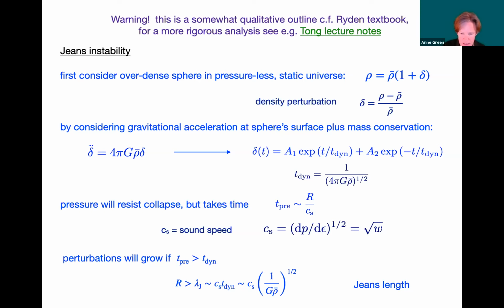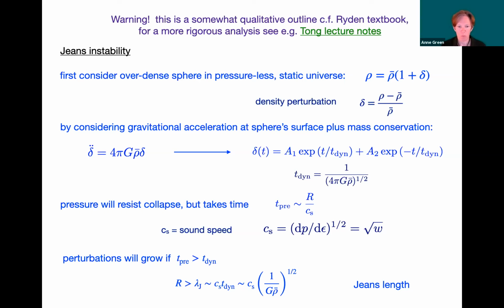And sound speed is the differential of the equation of state square rooted. So dP/d(energy density). So it's the square root of the w that we saw before. So for matter, that would be 0, but for radiation, it's non-zero.